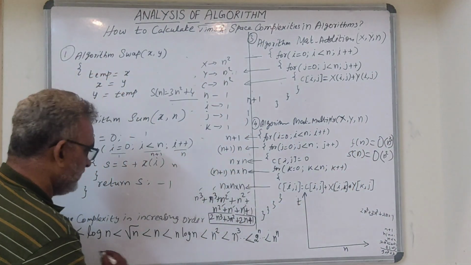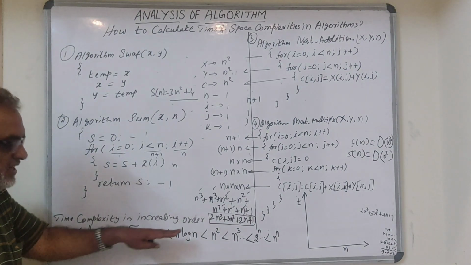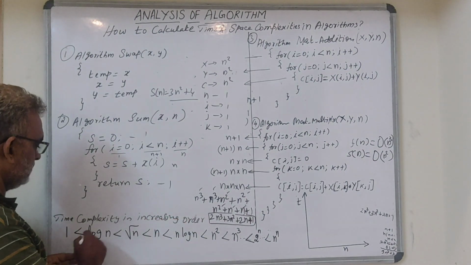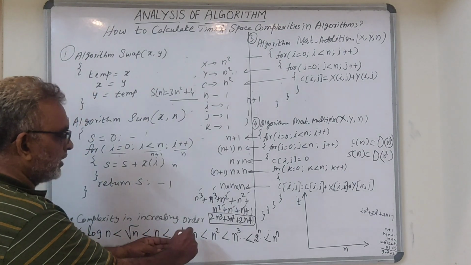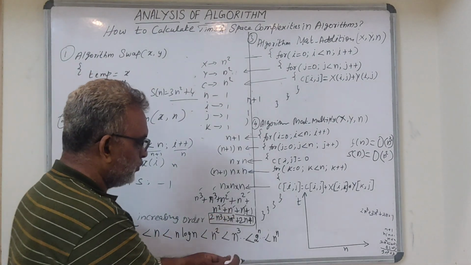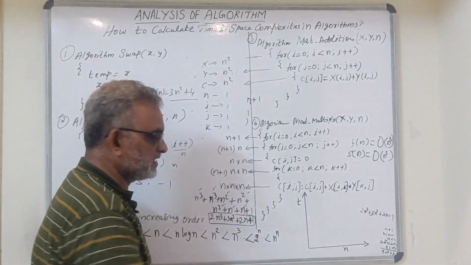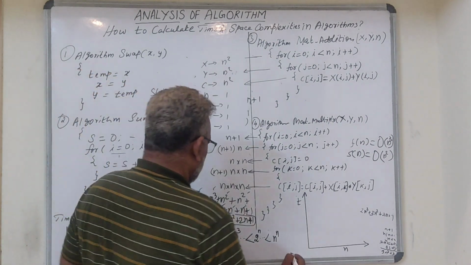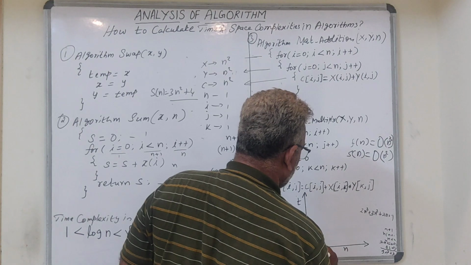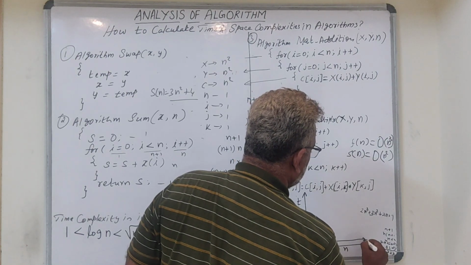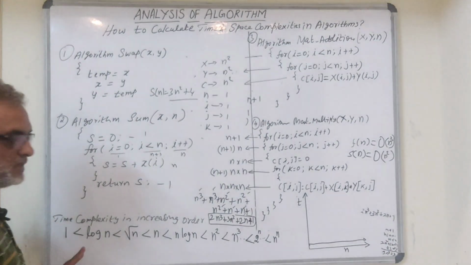So I have just given the values of the time complexity in increasing order: 1, log n, root n, n, n log n, n square, n cube, 2 power n, 2 power n power n, etc. So it starts from the function that is 1. For example, this is 1, right? It is a constant.